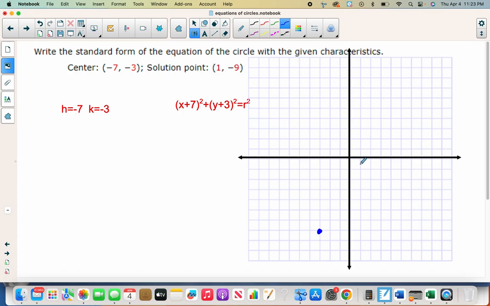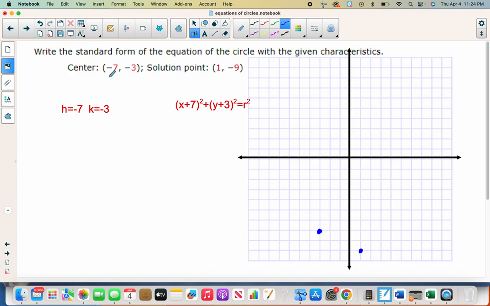So 1, -9 is here. So our radius looks like it's like 1, 2, 3, 4. So it's close to 4. So if you only had a couple options to figure out what the radius was, like if it's close to 4, it's going to be close to 16, whatever that number is. But so you could use process of elimination.